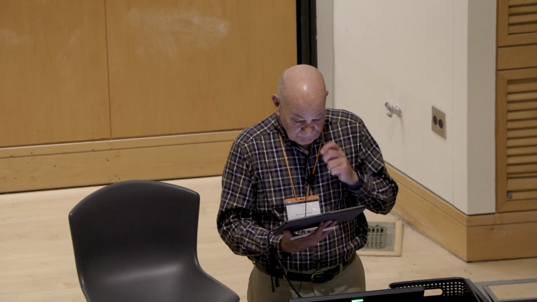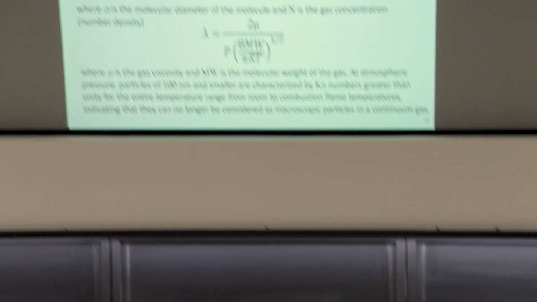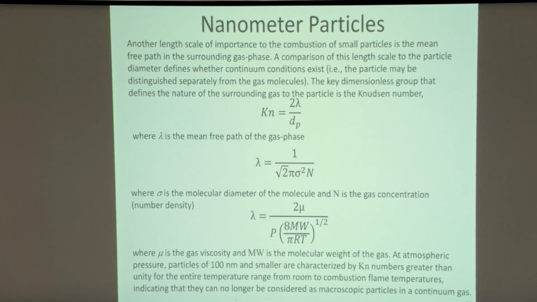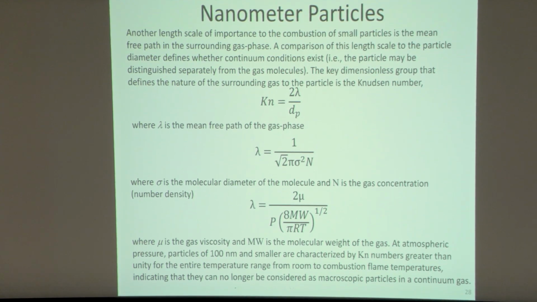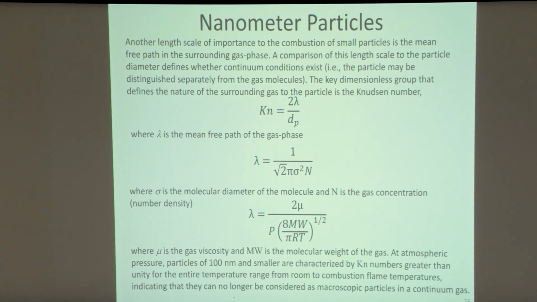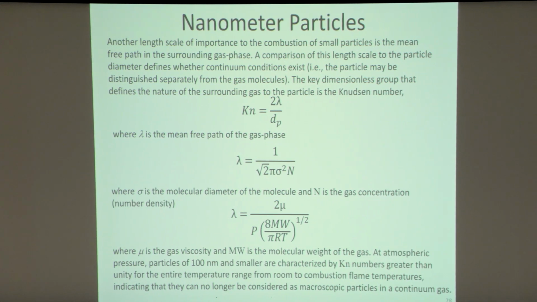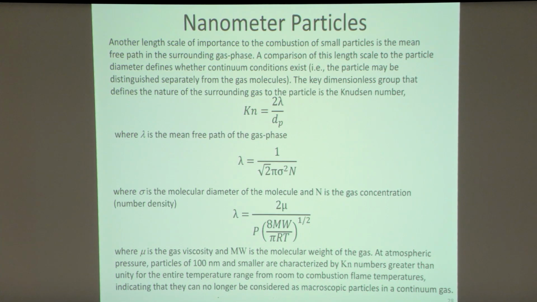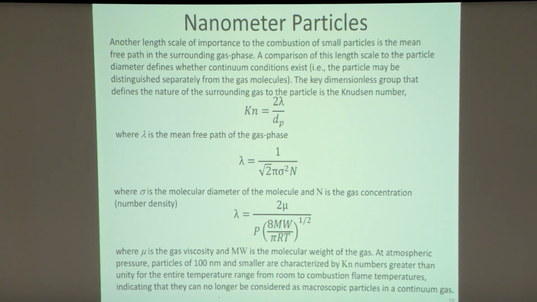Okay, there's also another important length scale to consider as one goes to nanometer particles. And this is the fact that one needs to consider now the mean free path length, which is basically asking the question, what's the diameter of the particle relative to the typical spacing of molecules in the surrounding gas?